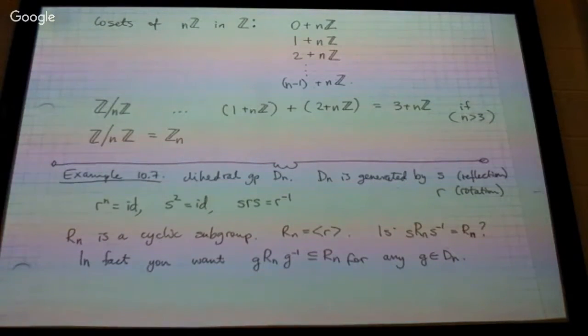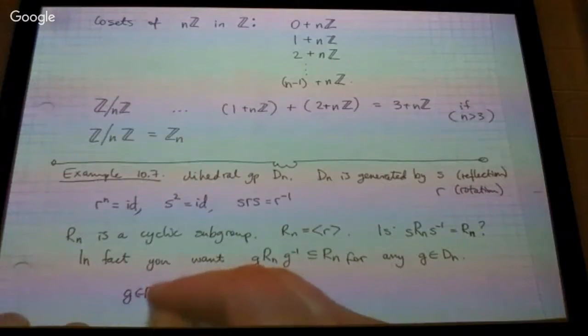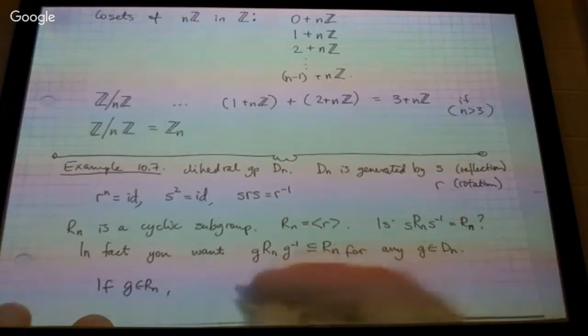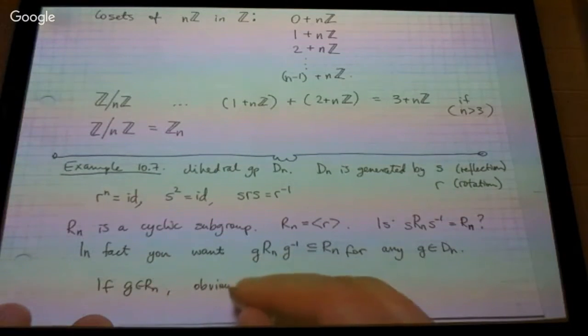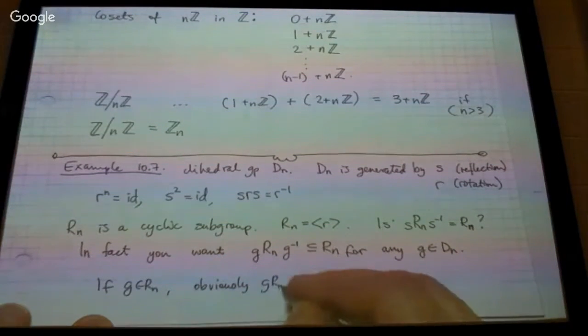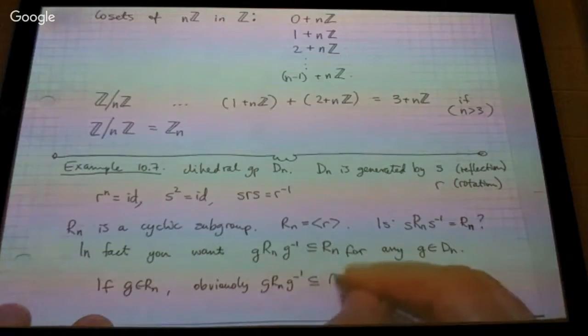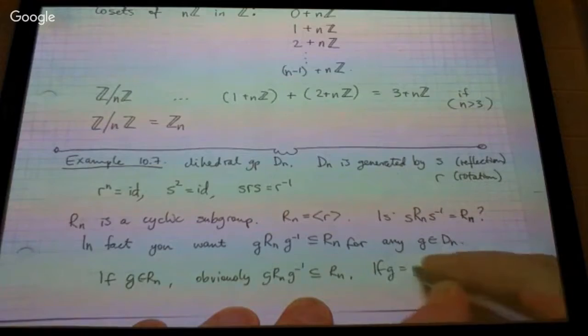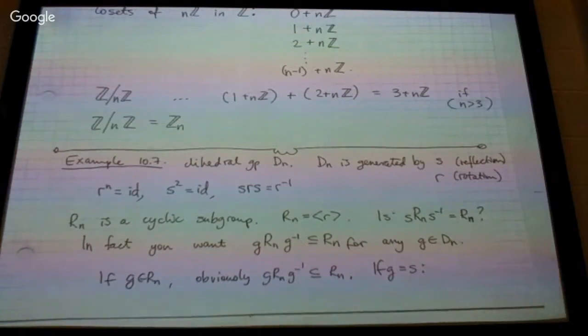So if G is in Rn, then obviously G, Rn, G inverse is a subset of Rn, because you're just taking elements of Rn, so you can't get out. It's a subgroup. If G is this, that's the key question.